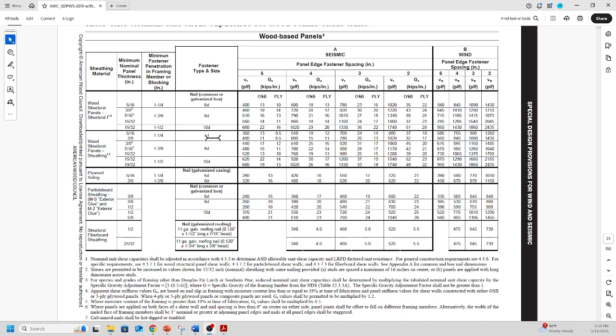We want a number that is bigger, twice. This number looks good, 780. So that's a 3-inch spacing, for 3/8 down bottom right there, and that will give us 780. So that's where it comes from. Let's go back to the writing.